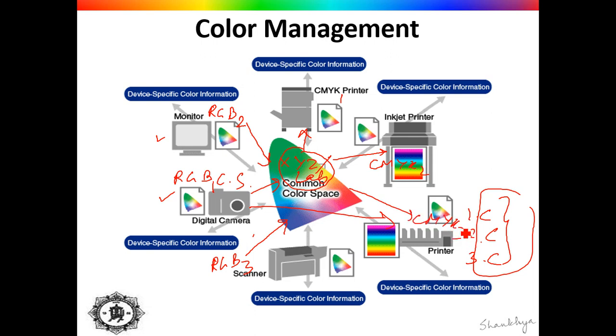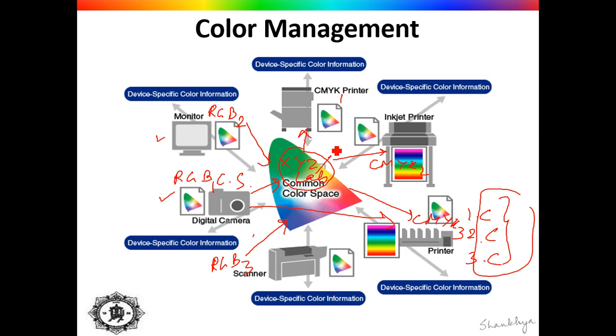This is the same as that lecture, you try to correlate between the two. So input color spaces, which are device dependent, are converted into device independent color space, either XYZ or LAB, and from here these data are converted back into particular CMYK color spaces using which we will be able to print that particular image.